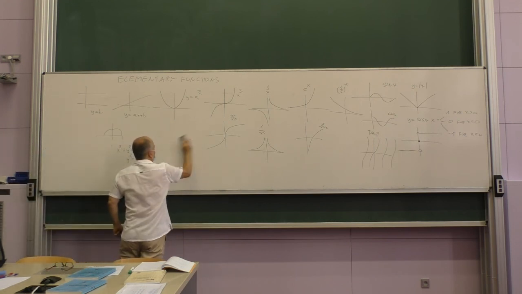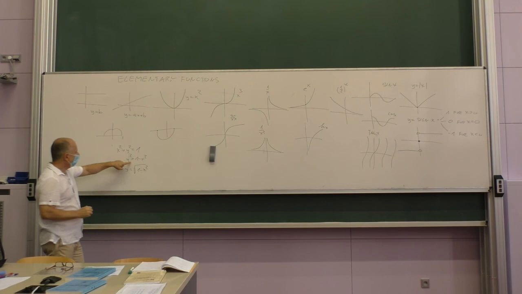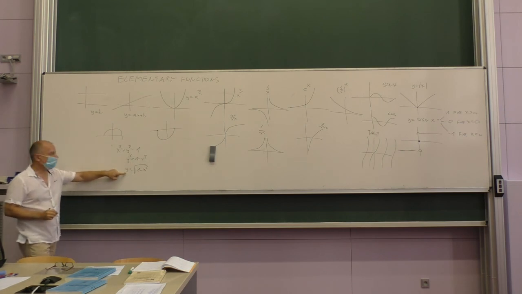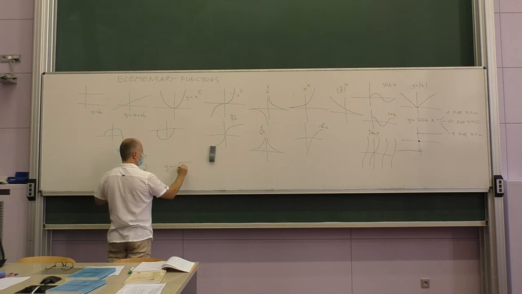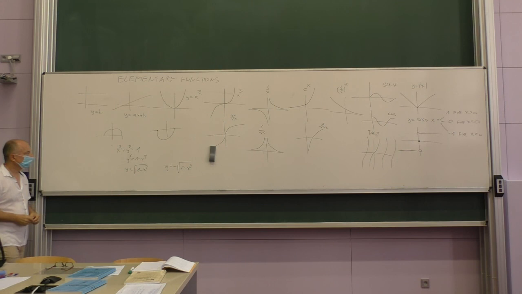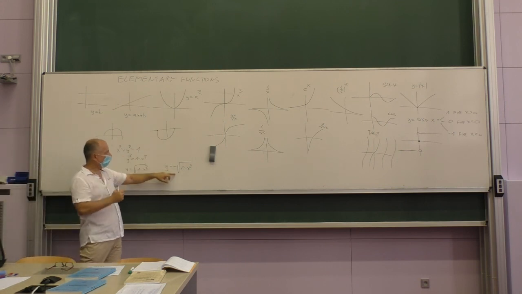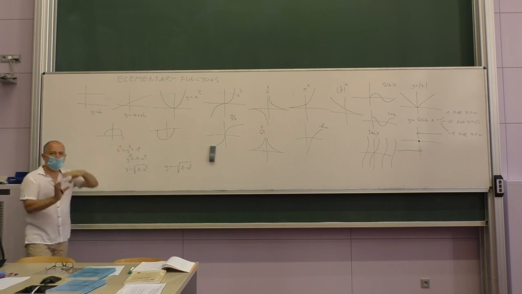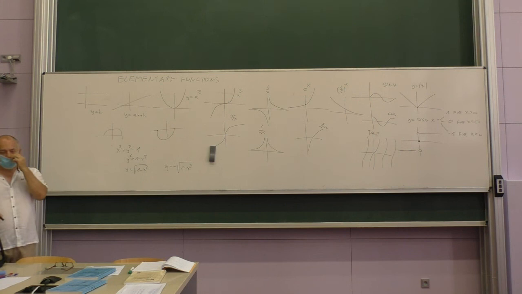As an alternative, we can consider the lower part of the circle, and that would correspond to the other root of this equation: y is minus the square root of 1 minus x squared. So this is the graph of this function, and this is the graph of this function. Two halves of a unit circle. And the circle as a whole is not a graph of just one function.